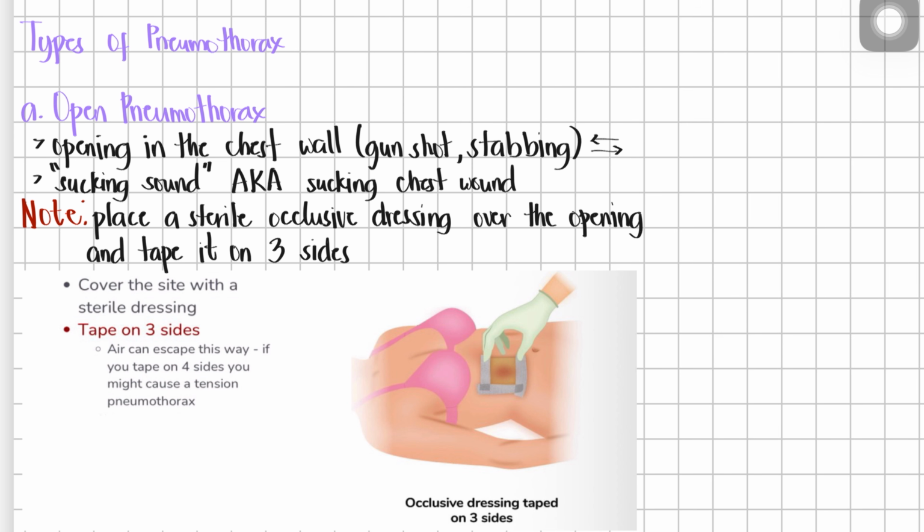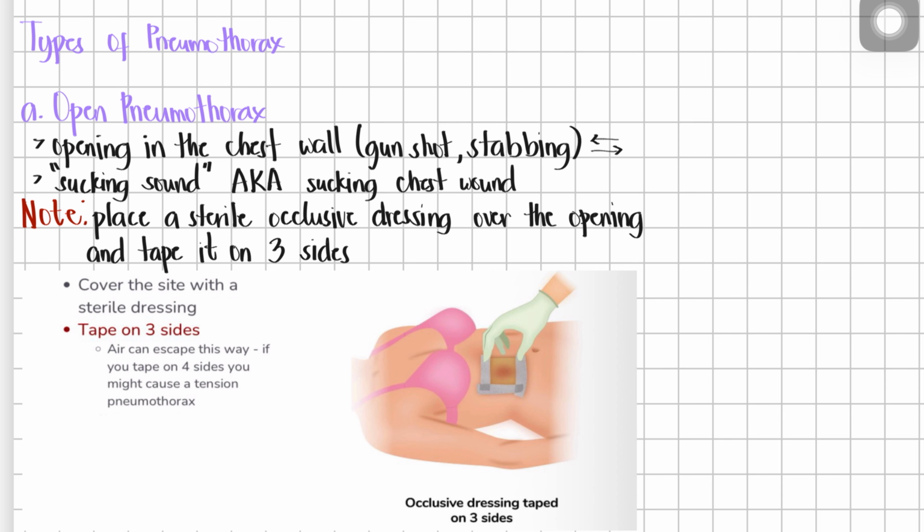Tatlo lang, guys, para kapag nag-inhale tayo, magko-close siya, then when we exhale, lalabas naman yung air dyan sa open. Para hindi mag-accumulate palalo yung air inside the lungs, causing tension pneumothorax.